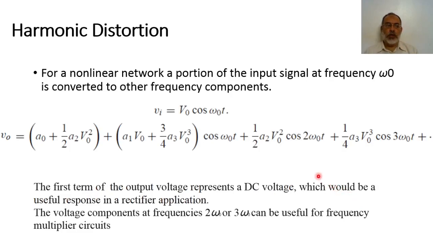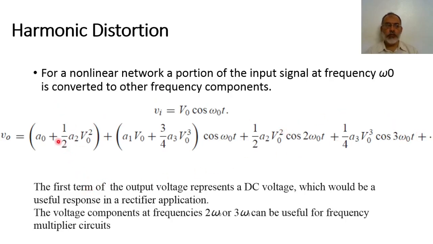So we say that for a nonlinear network, a portion of the input signal at frequency omega naught is converted to other frequency components: DC, 2 omega naught, 3 omega naught, and so on.